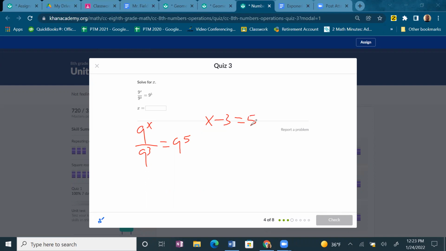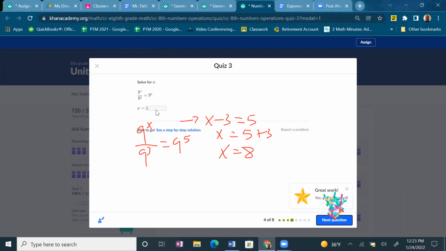So now we actually use our quotient rule to set up this little equation. So how do we solve that equation? We put our variables on the left and our numbers on the right, and we change the sign when we go over the line. So x equals 8. That was a one-step equation.